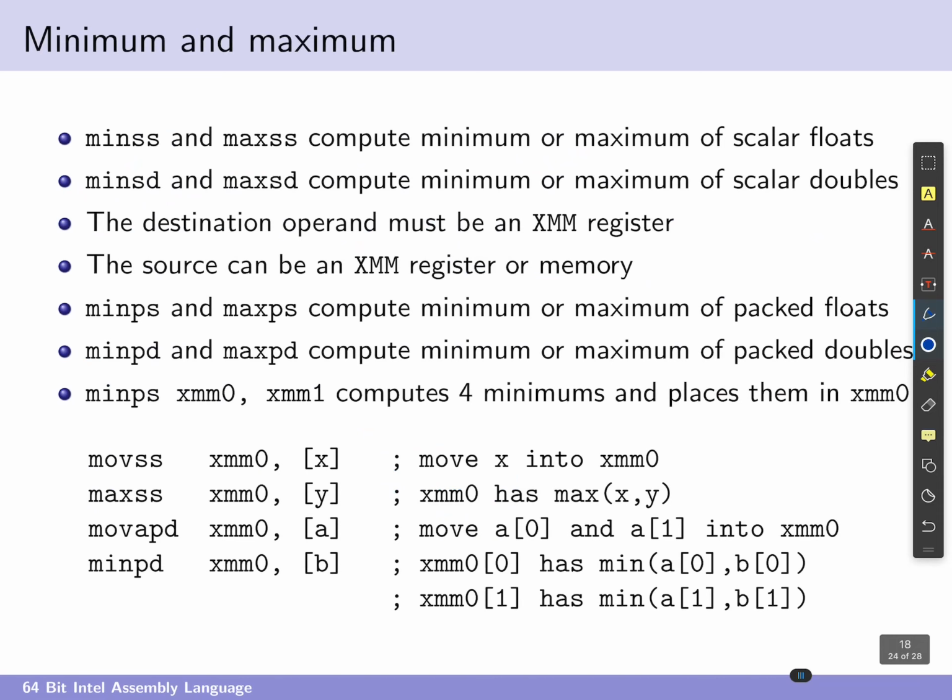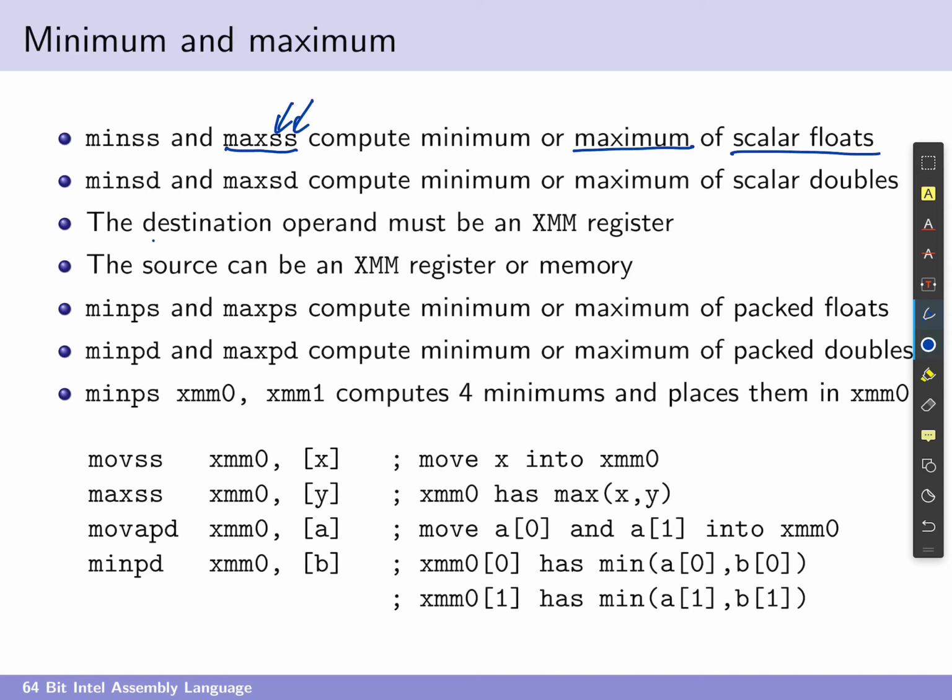So let's look at a little example of one of them because they work in very similar ways, and all of them have packed versions and scalar versions. Let's look at the min and max because they're quite useful if you want to do checks across many floating point numbers. So here we have the max operand, MAXSS, so again scalar single, and it's going to be looking for the maximum of scalar floats.